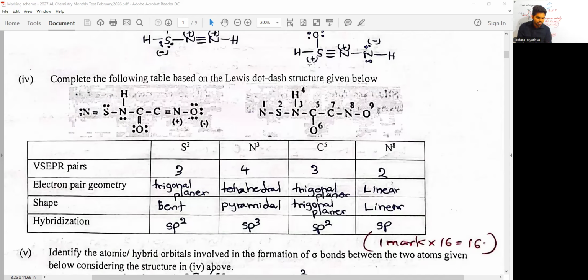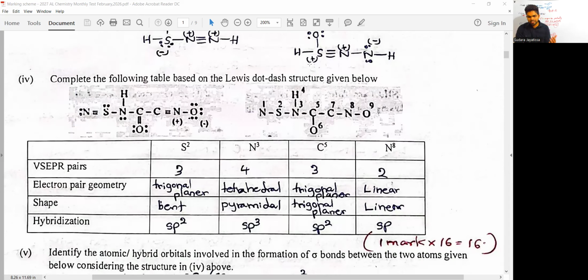If you have 2 repulsion units, it is sp. If you have 3 repulsion units, it is sp2. If you have 4 repulsion units, it is sp3. The things having trigonal plane electron pair geometry will have sp2 hybridization.